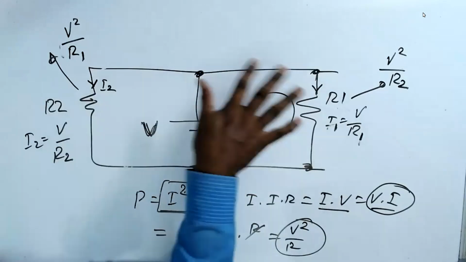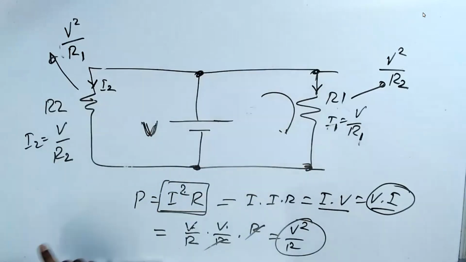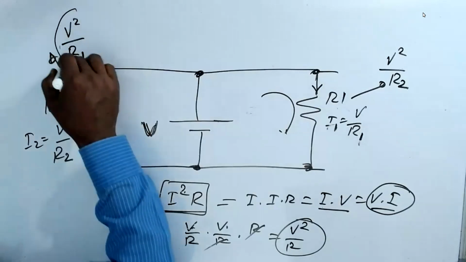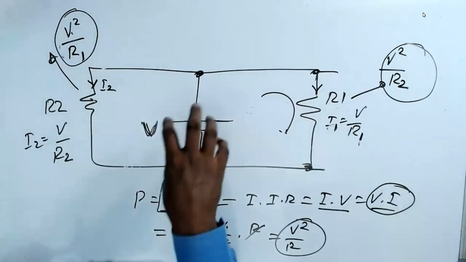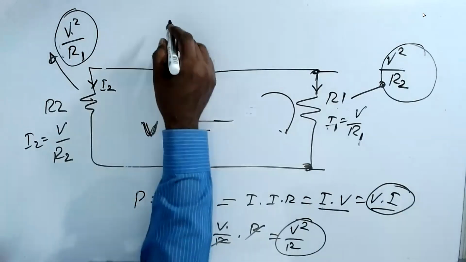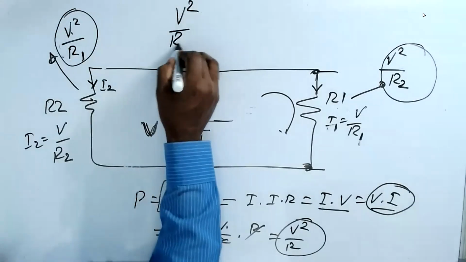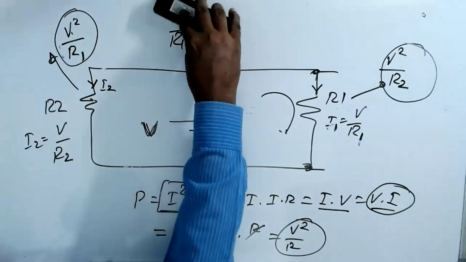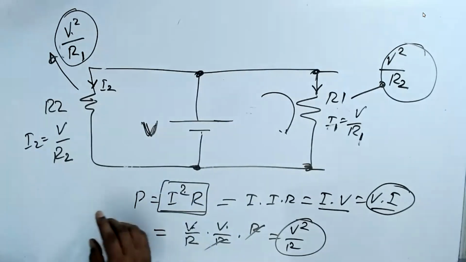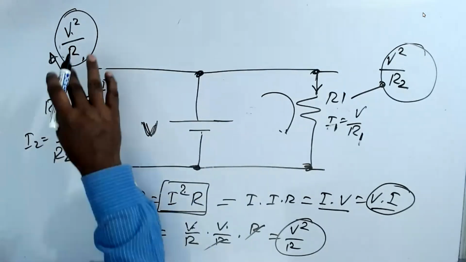They are independent. Since I've connected these independently, this one's power is V square by R1 and this one's power is V square by R2. So the total power produced by this is V square by R1. Sir, it should be V square by R2 now, on the left side. Oh, sorry. V square by R2.